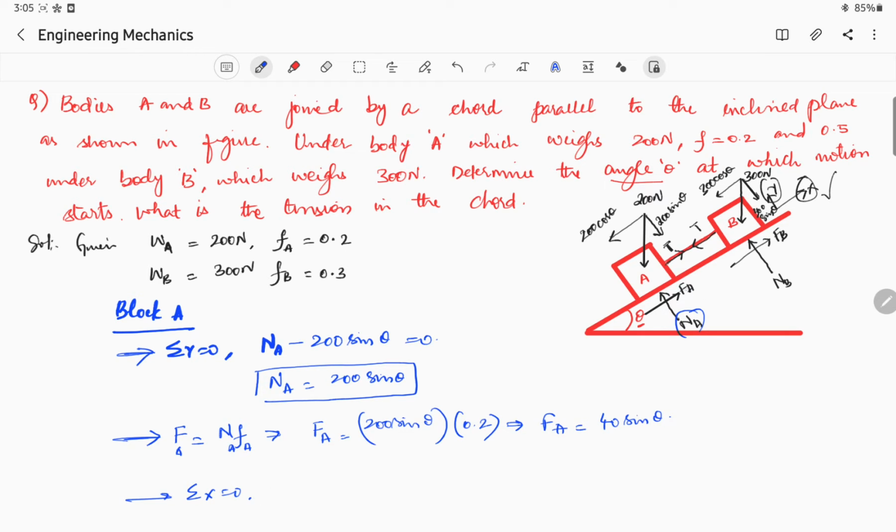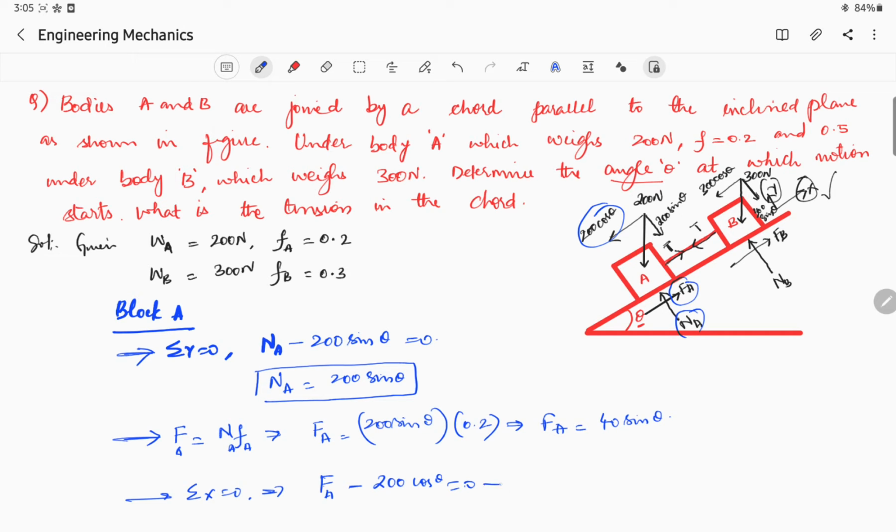Horizontal forces for block A: we have FA and the horizontal force 200 cos theta. FA is going in positive x direction, so I'll write FA minus 200 cos theta is equal to 0, right?